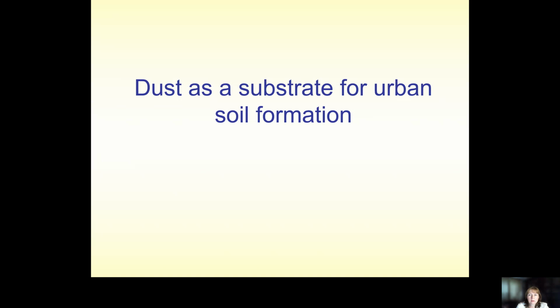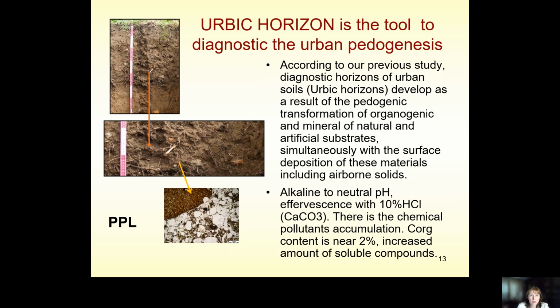We consider dust as an important substrate for urban soil formation. In our soil studies, we identify a special diagnostic horizon for urban soils. Its name is urbic horizon. Its chemical composition is very similar to street dust.